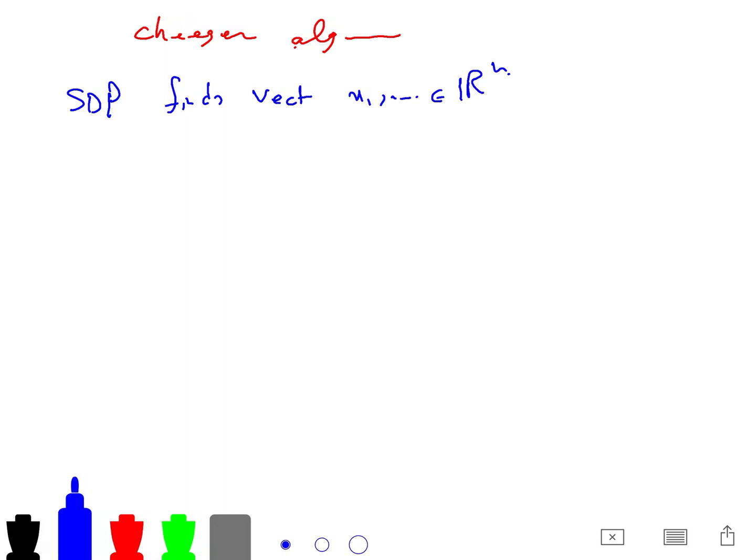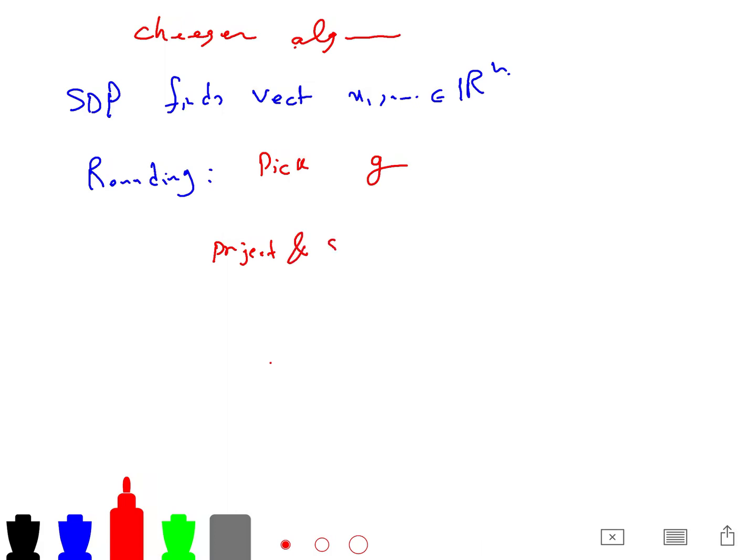You want to do it for this vertex expansion, small set expansion. The rounding mechanism is a randomized rounding again. We pick a random Gaussian vector g, project, and sort according to xi dot g, and then apply a Cheeger sweep to the sorted vector, or we can say pick a random threshold cut.